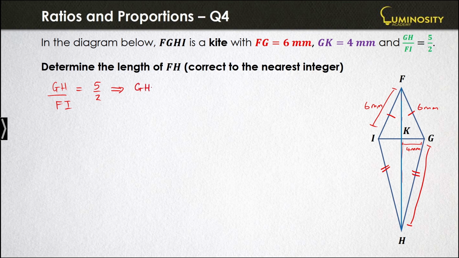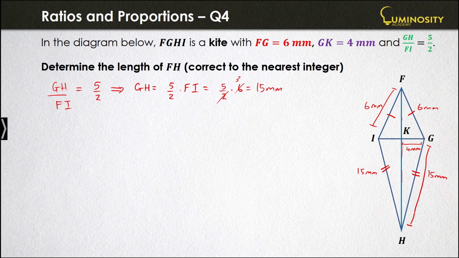If I multiply both sides by FI, I get 5/2 times FI, but FI is 6 millimeters because it's a kite, so it's 5/2 times 6. 6 goes into 2 three times, so that's 15 millimeters. So this length here is 15 millimeters, and this length here is 15 millimeters.